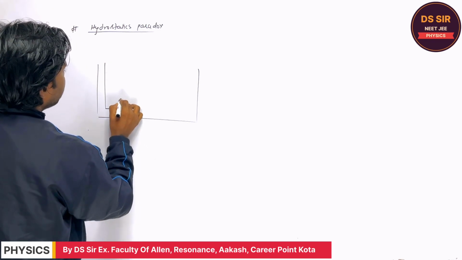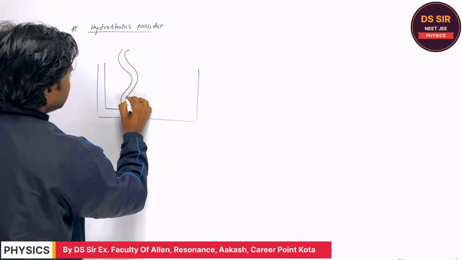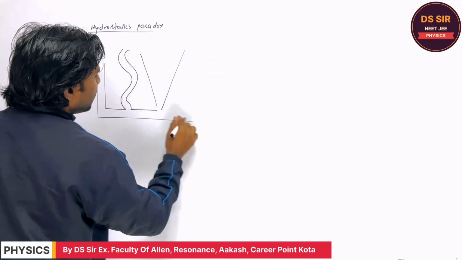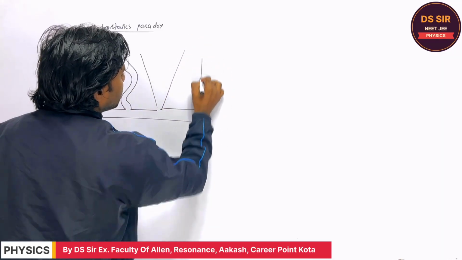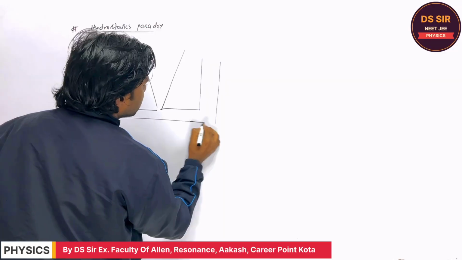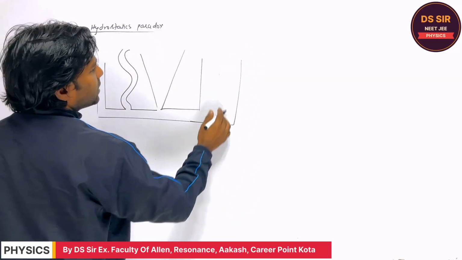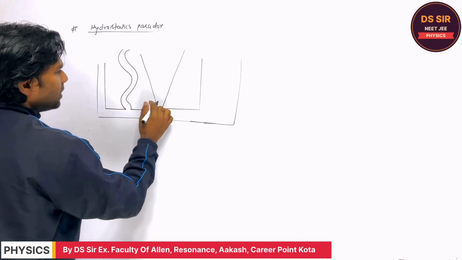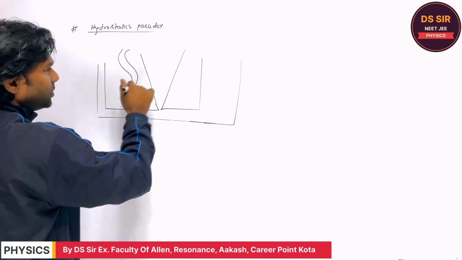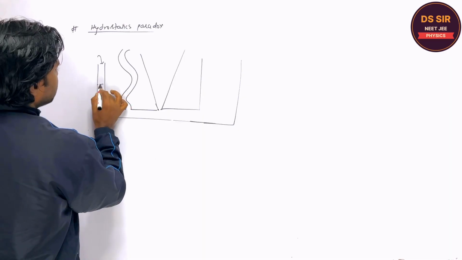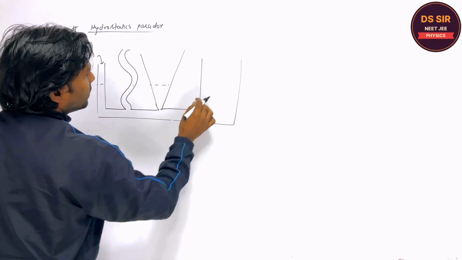Suppose this type of vessel is there, right, like this, all right, and like this. Suppose these types of vessels are there, and you fill any liquid in them.